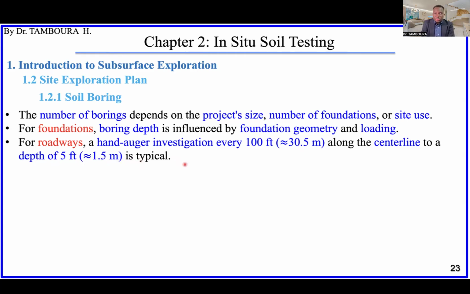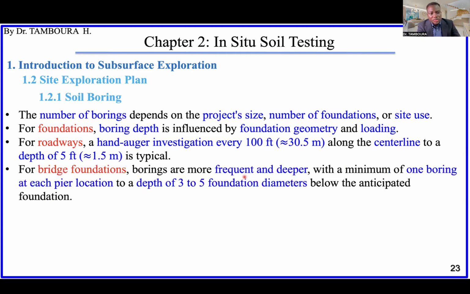So if you are building a road, every 30 meters. For bridge foundations, borings are more frequent and deeper, with a minimum of one boring at each pier location to the depth of 3 to 5 foundation diameters below the anticipated foundation.